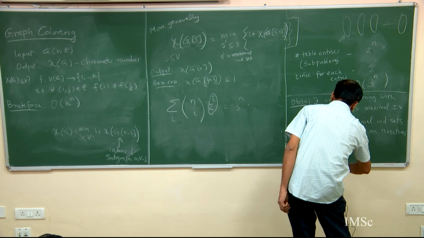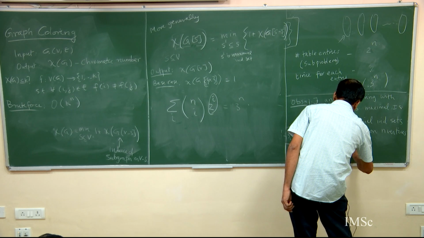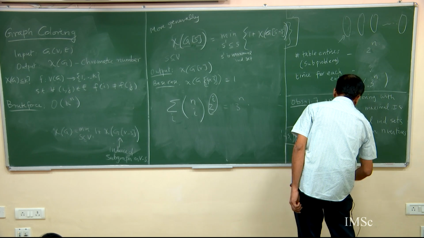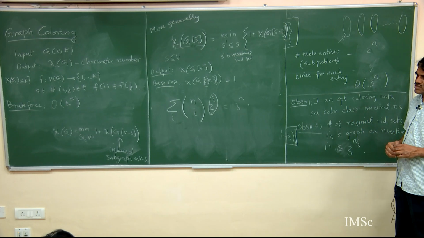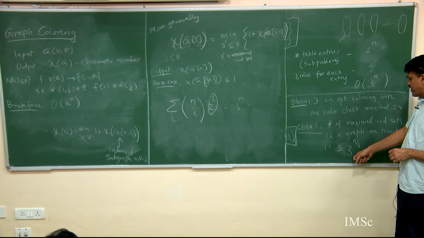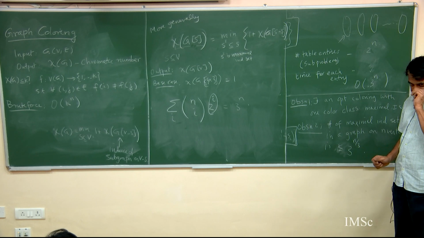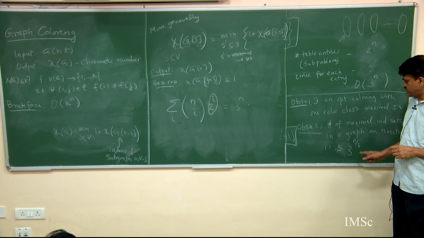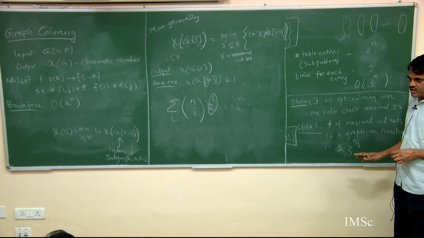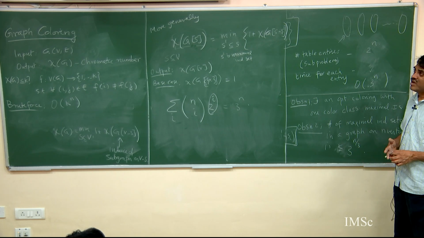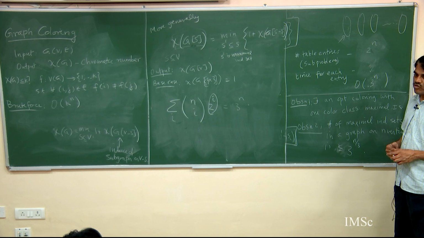is in fact at most 3 power n by 3. You can't actually have 2 power n maximal independent sets, but you can have as large as 3 power n by 3, which is better than 2 power n, because it's cube root of 3, that's like 1.44 or something.